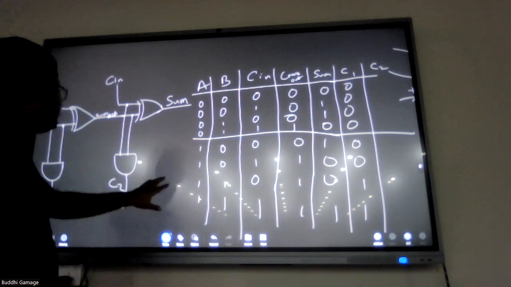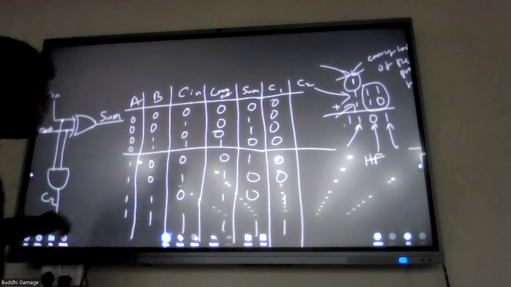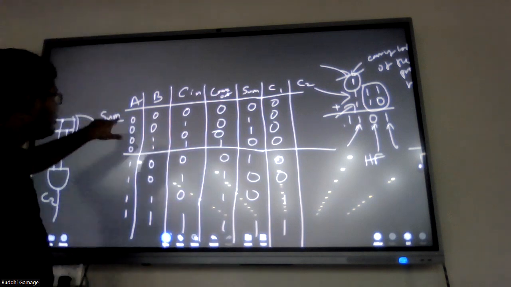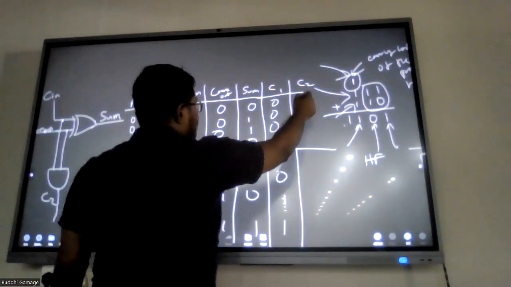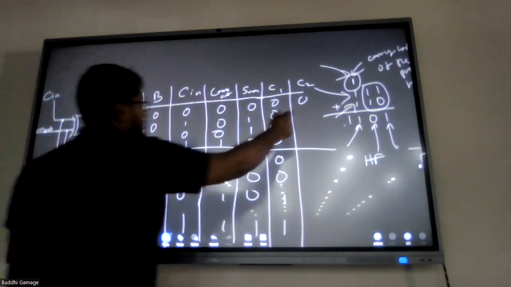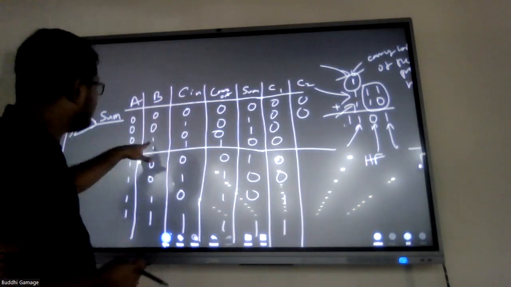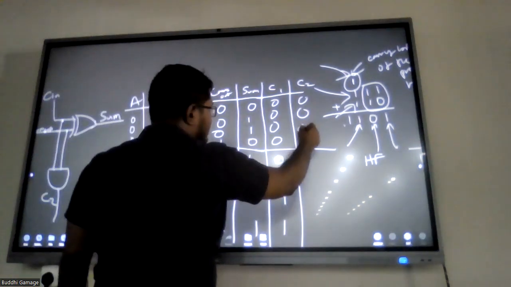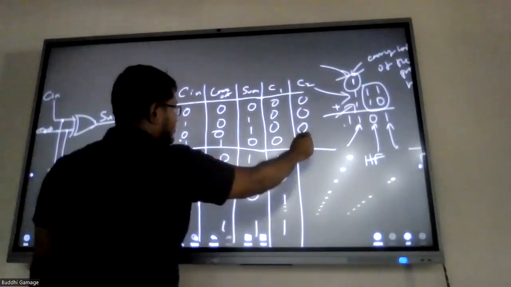For C2, sum and C in. So what is the summation of AB 0 and C 0? 0. 0, 1 is also 0. And 0, 1 is 1, 1 and 0 is 1, then the C out is 0. For here it should be 1, right?